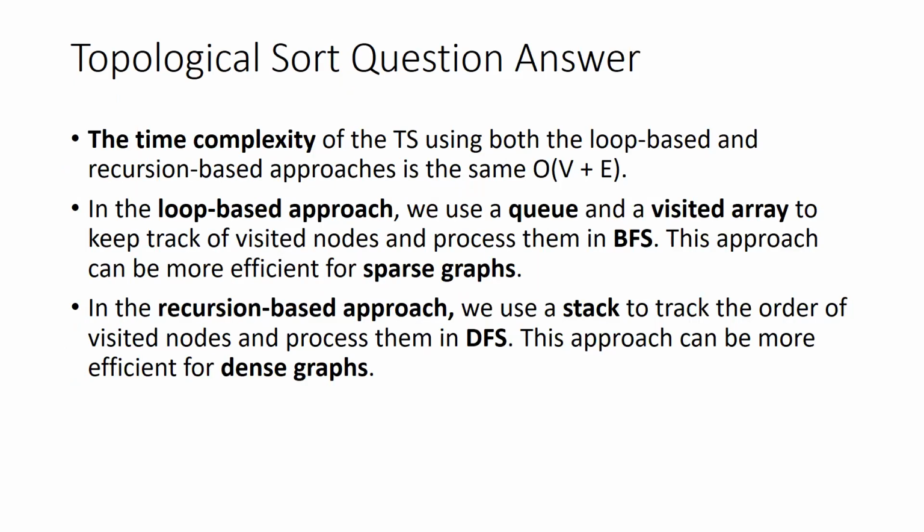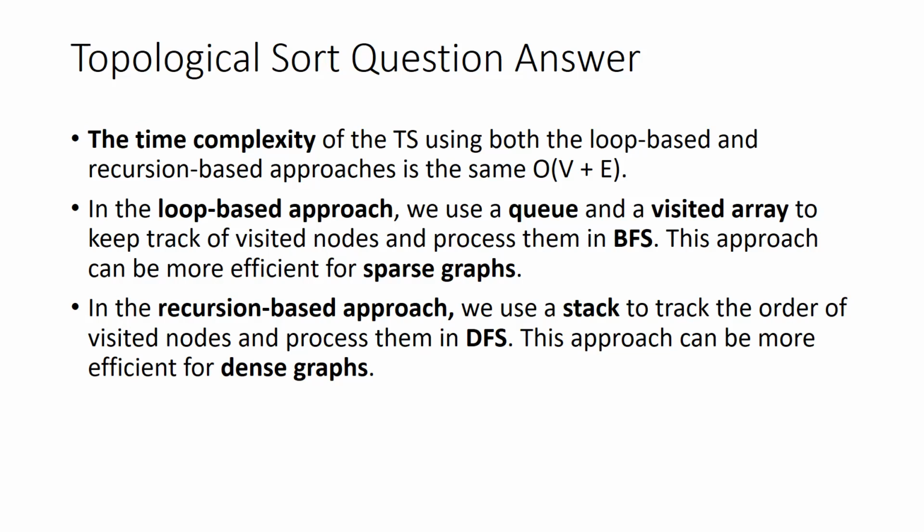Actually, after implementing both of the algorithms using Java, they found that the time complexity and space complexity are the same for both algorithms in both implementations. No changes found. However, in the loop-based approach, we use a queue and a visited array to keep track of the visited nodes and process them in BFS.